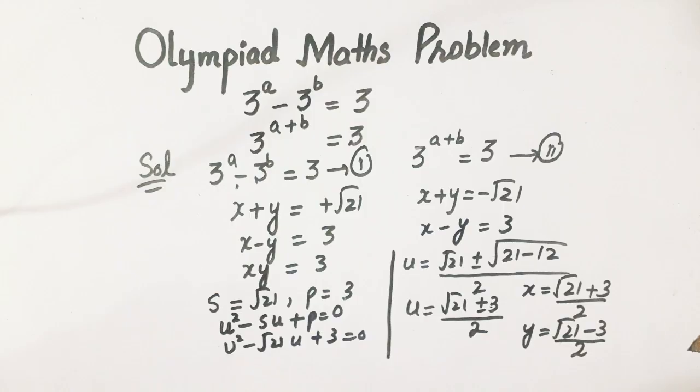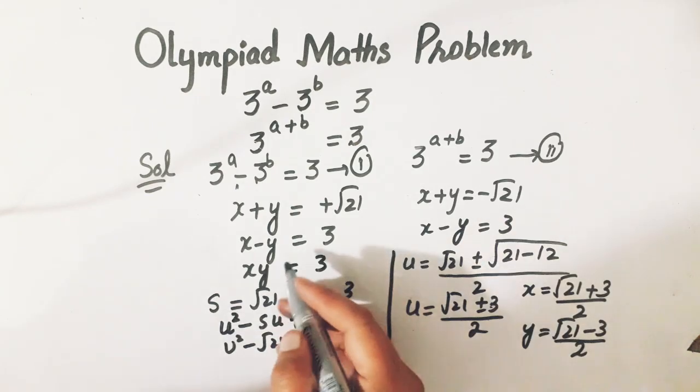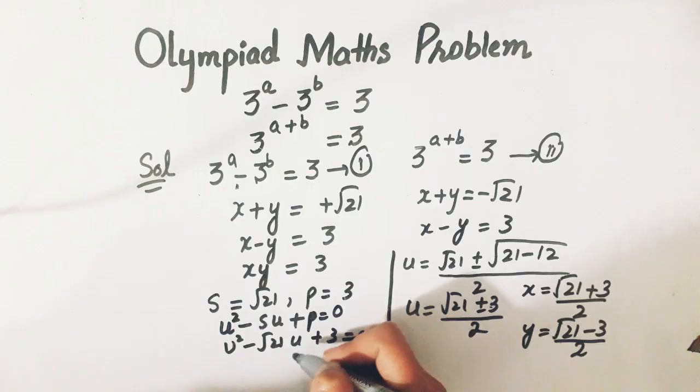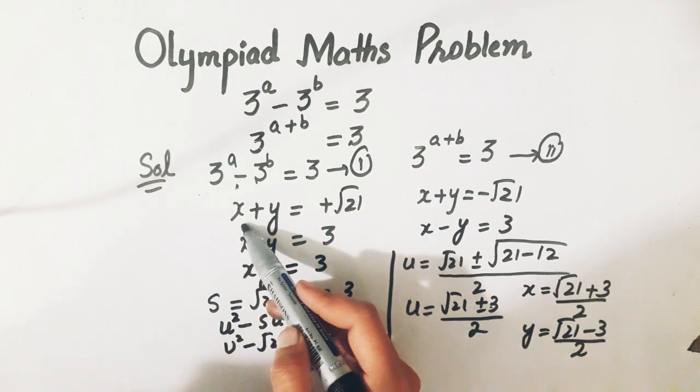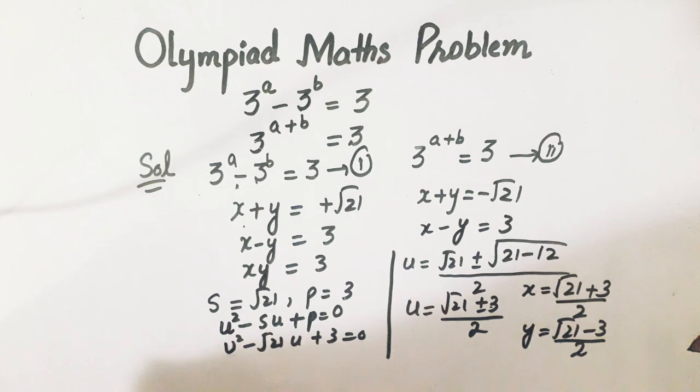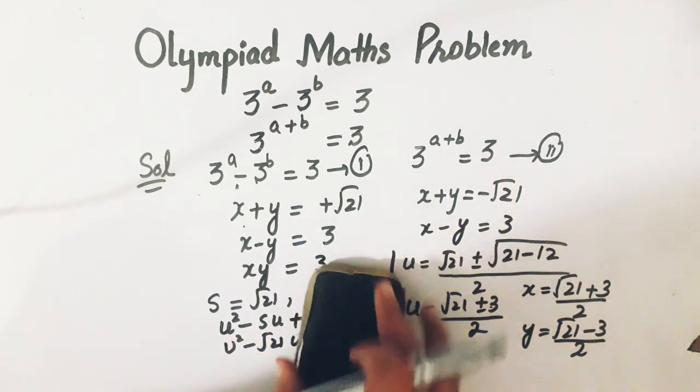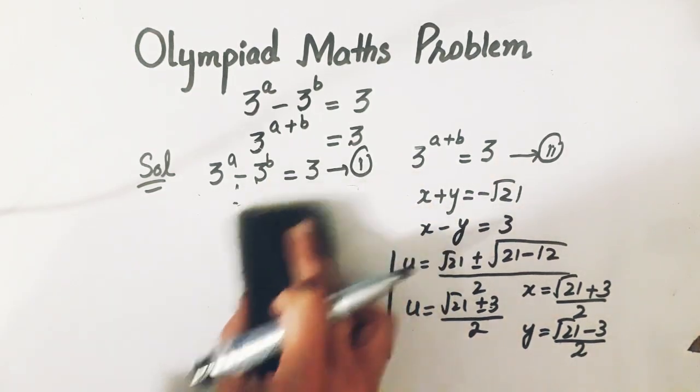So these are the two values for this one. Now we will solve this further. This is for the positive case; similarly, we can do the negative one. We consider 3 raised to power a equals x, substitute its value inside this equation and get the final answer.